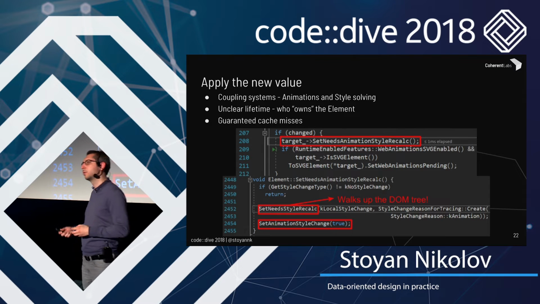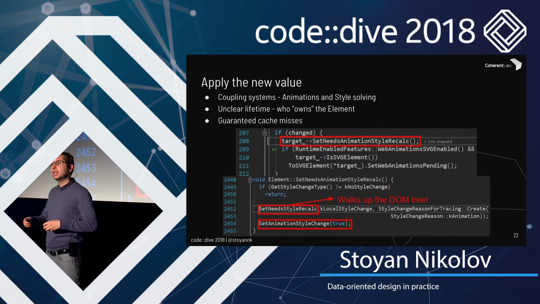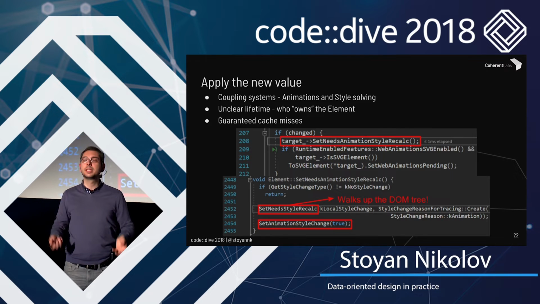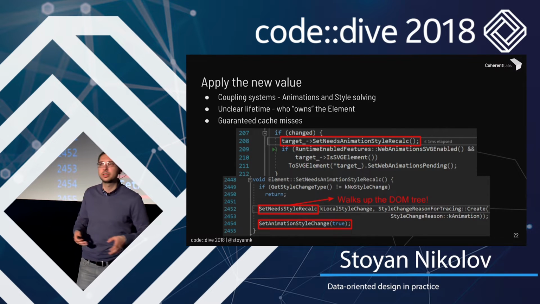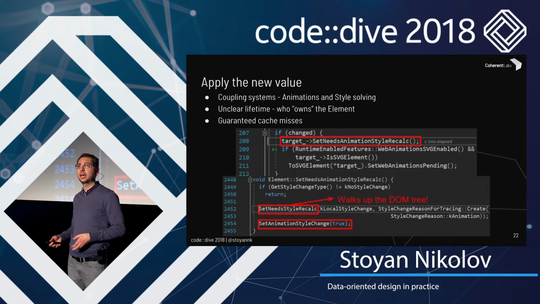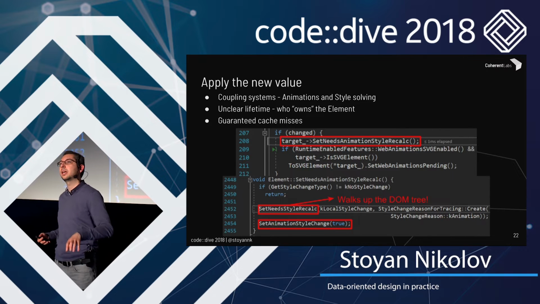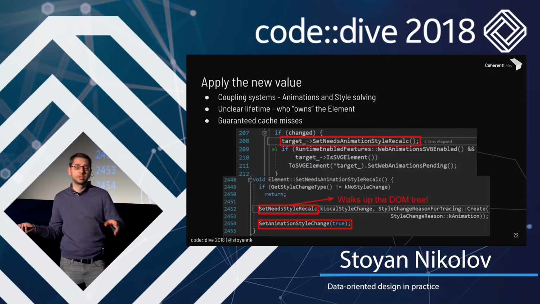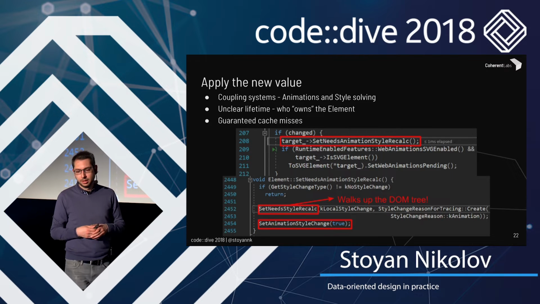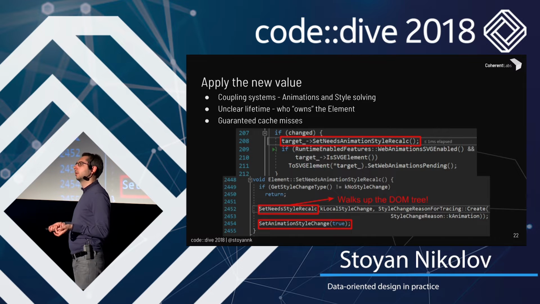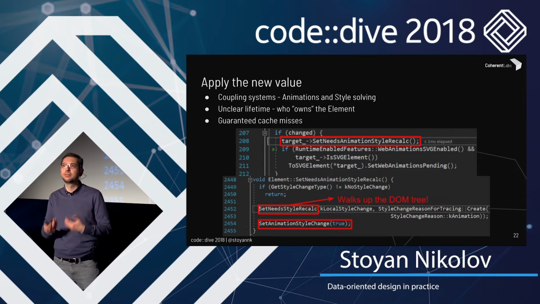It will be us that will be setting the new values on that target. And now we have again a coupling between the systems, because our animation system knows about the styling and it knows about these elements. And it's some unclear lifetime semantics, because this is again a type of shared pointer. So what happens if the element gets destroyed? Or will the animation keep it alive? It's difficult to know from this code.